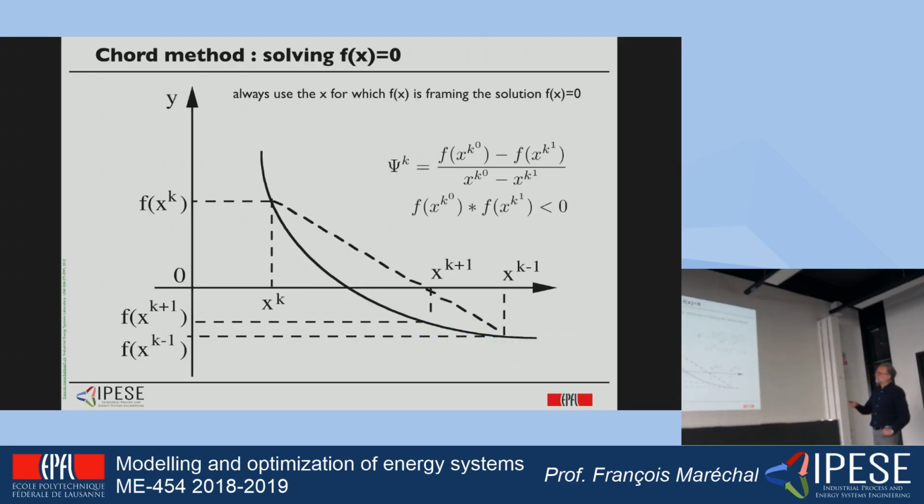Okay? So graphically it means that I'm here, I'm going to have another point here, and I would say that as soon as we realize that we are around 0 for the function, then the method of the chord is very nice. You say, I'm here, I go here, oops, I'm going from minus something to plus something.